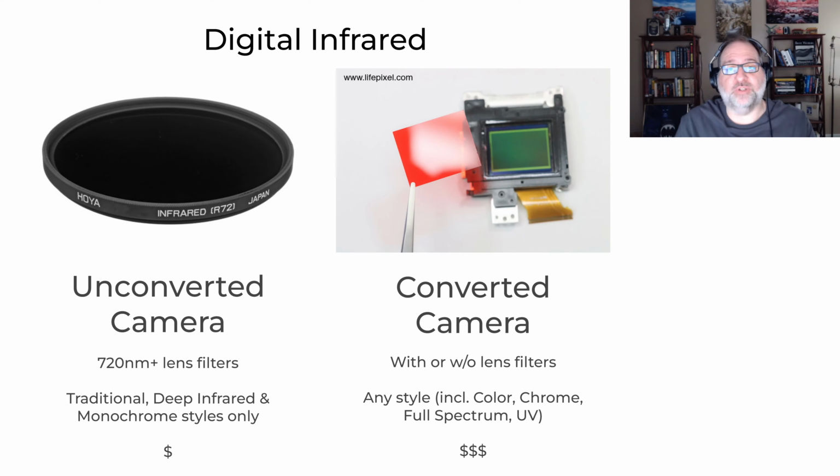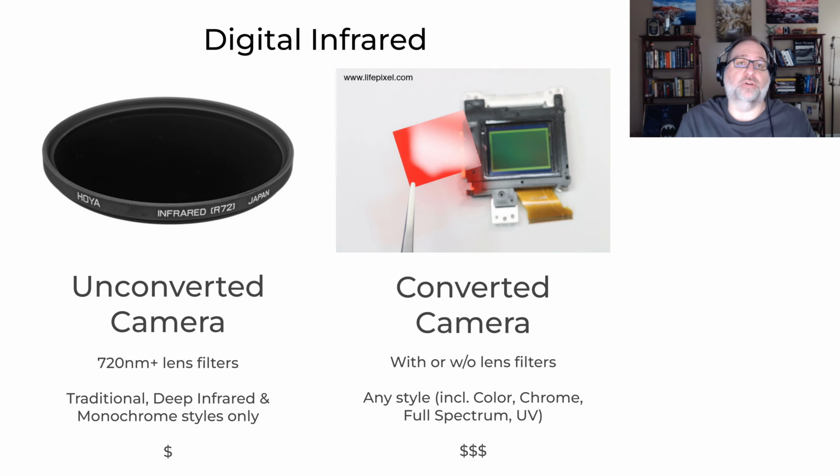If you really get into infrared and want to think about converting a camera, now the options really open up. You can use all of those styles, plus you can add color, chrome, full spectrum, UV. You've got the whole world available to you. You can shoot a converted camera without a filter or with filters. There's a whole combination of things.